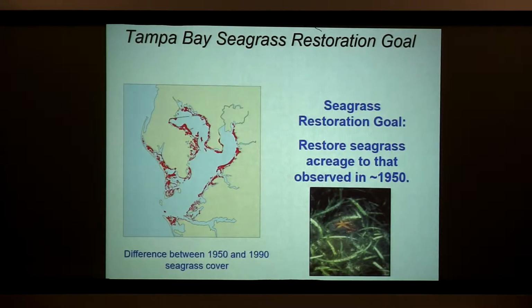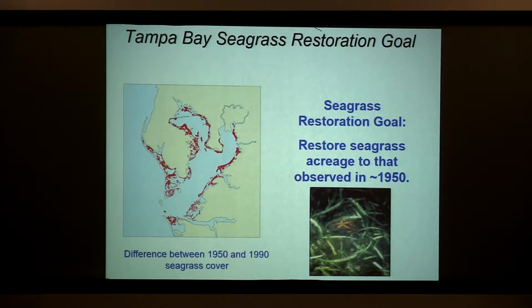One of the first goals that the elected officials associated with the Tampa Bay Estuary Program did was to set a seagrass restoration goal of recovering seagrass to the acres observed in 1950. So we'd lost about 50% of our seagrass between 1950 and 1990.